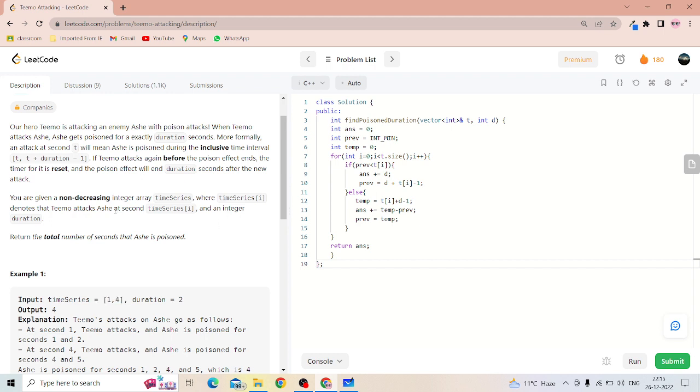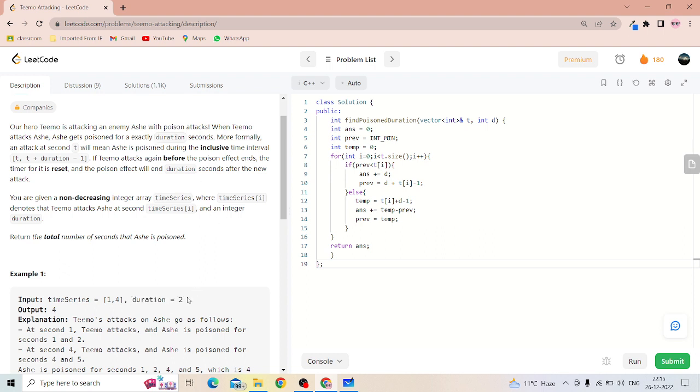So it represents the seconds at which Teemo attacks Ash. It is a non-decreasing array, timeSeries, which represents on which second Teemo is attacking. And duration is for how long the poison lasts.